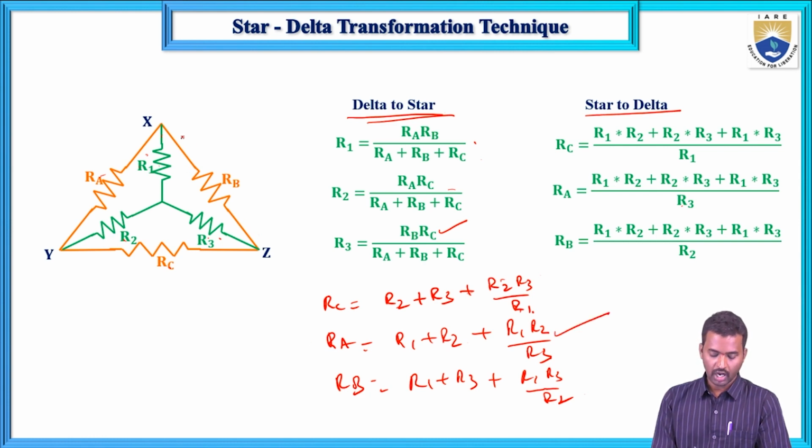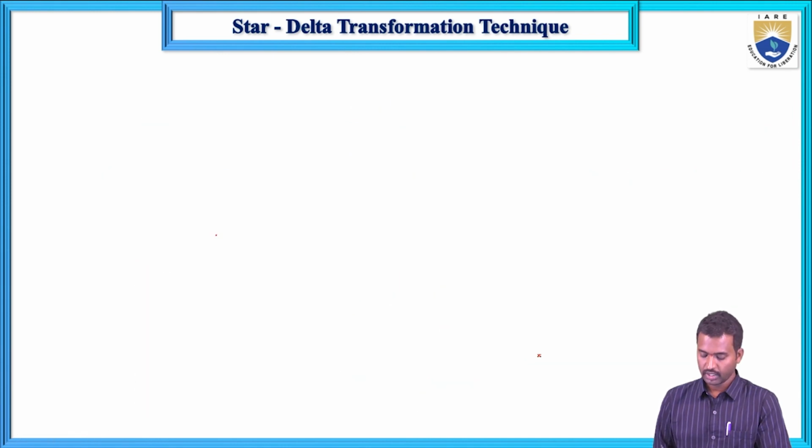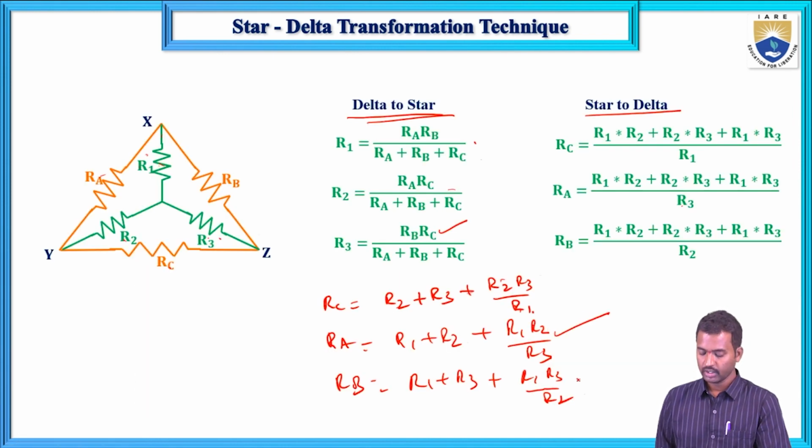Next, RB equals R1 plus R3 plus R1 into R3 divided by R2. So these are the formulas for delta to star and star to delta. By using these formulas, we can simplify any complex circuits if they are connected in star or delta.